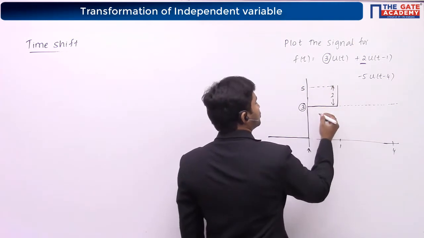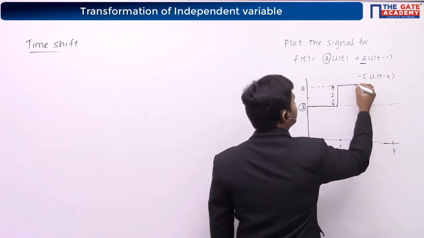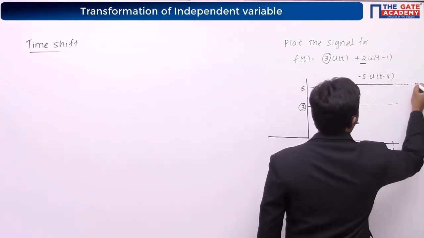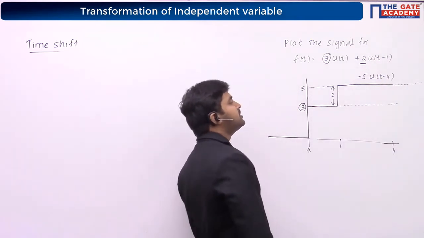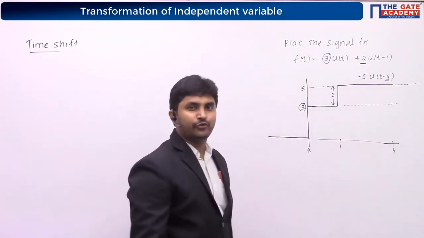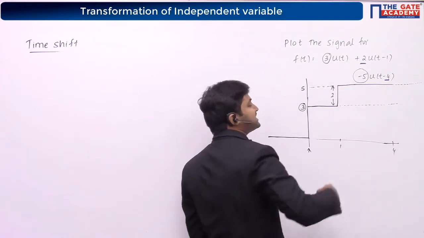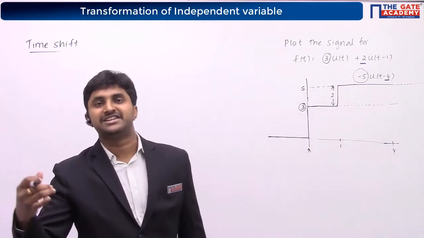Okay? So we will go on till we are adding anything to it. We would have gone ahead if nothing was there after that. But what you are doing here, at t is equal to 4, you are adding an amplitude of minus 5. Or I can say, I am subtracting 5 from the already existing amplitude.